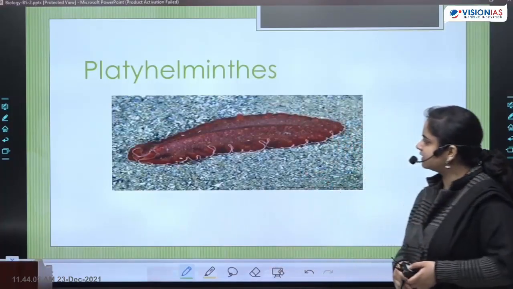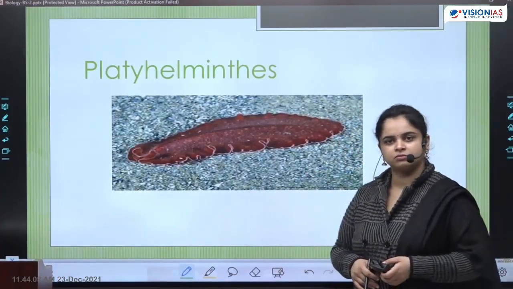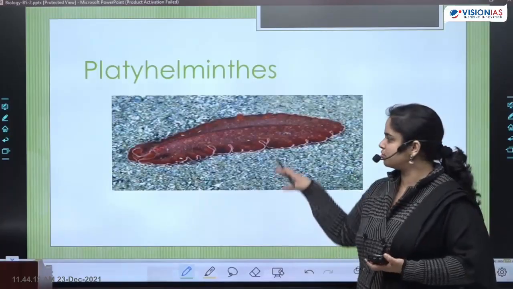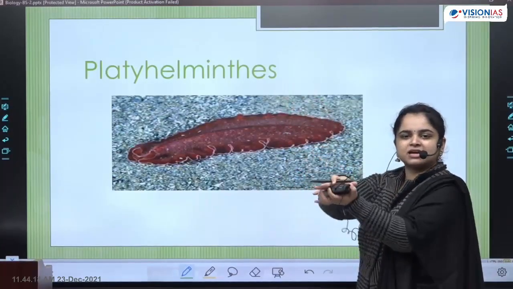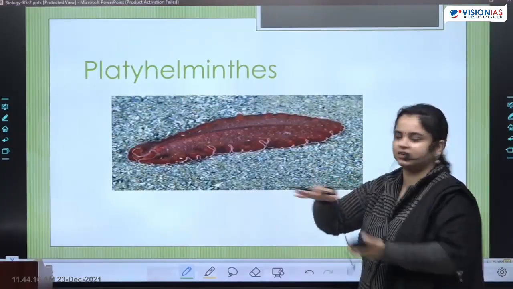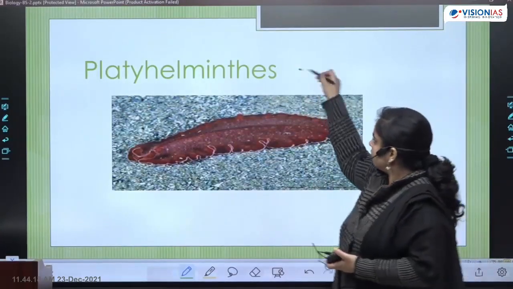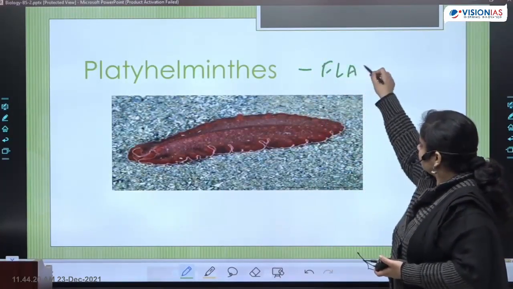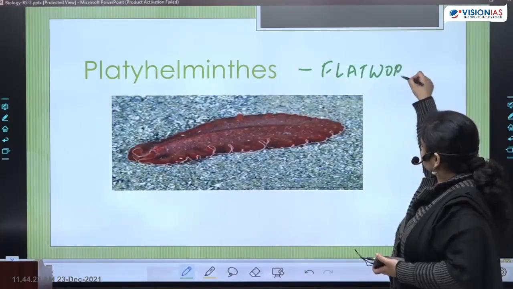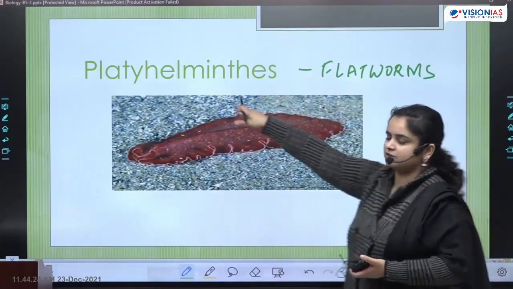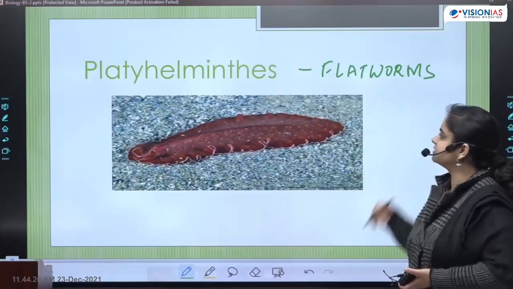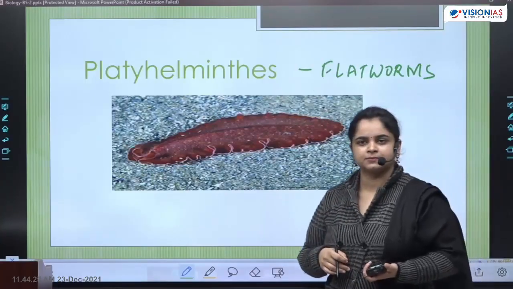This first category is a flatworm. If you look at its picture also, you might feel that something has compressed it. It has been pressed upon. It's flat in that sense. So the name for them, of course you have to learn, Platyhelminthes. The common name is flatworms.